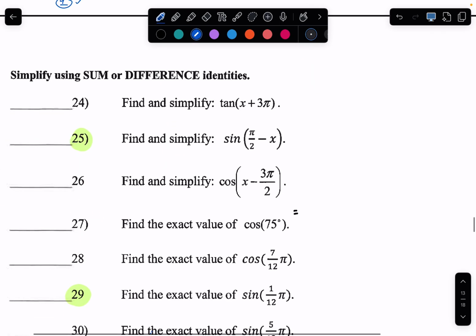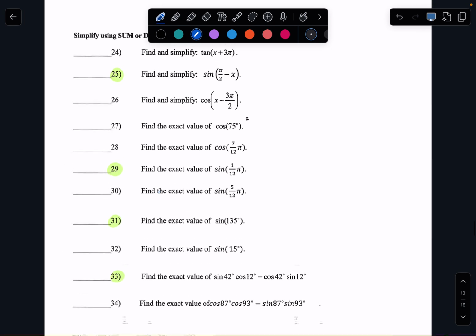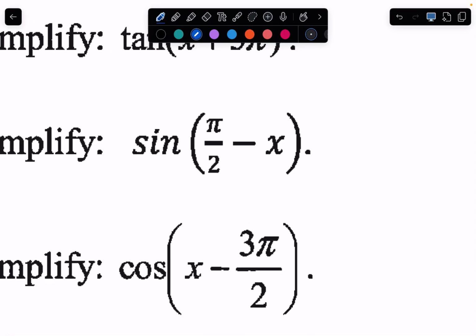Okay. Then I'm giving you 4 sum and difference. I've highlighted 4 of these. I would write down these 4. This is kind of how they're going to be. Okay, 25. Find and simplify sine of pi over 2 minus x, okay?